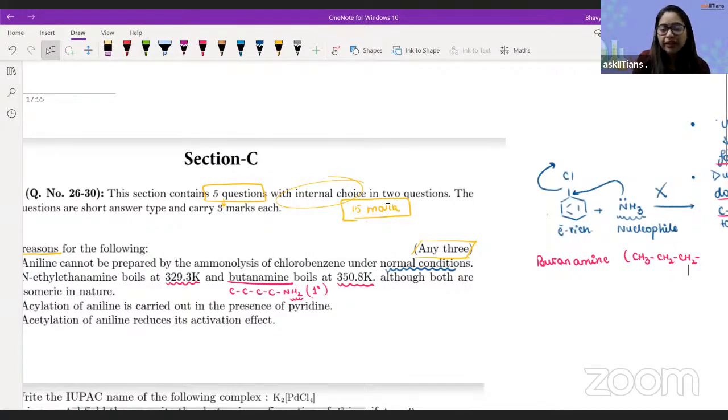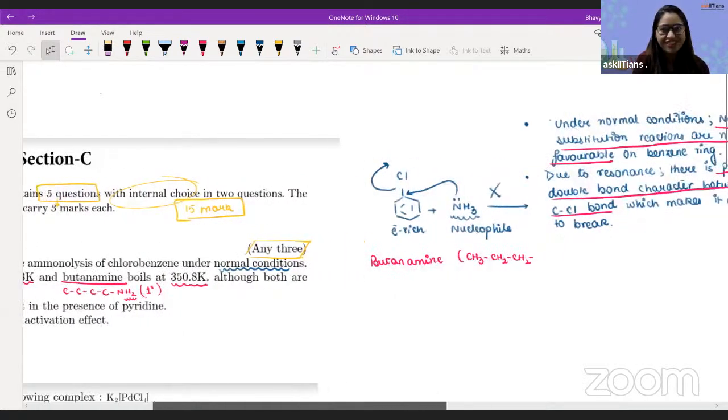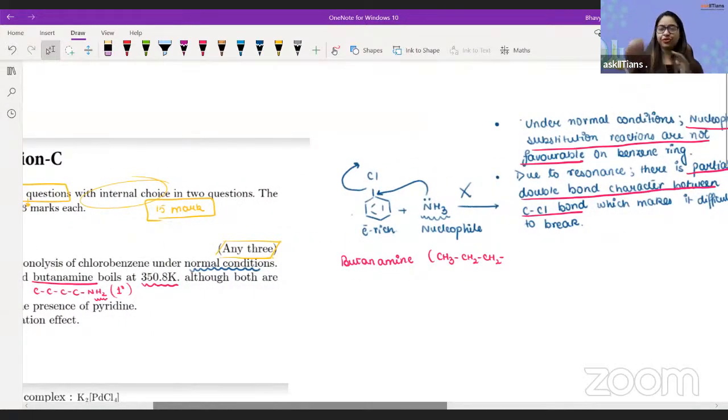But whenever you're writing the structure, please make sure that you are writing the complete structure. All the carbons, hydrogens properly expressed. So this is butanamine.